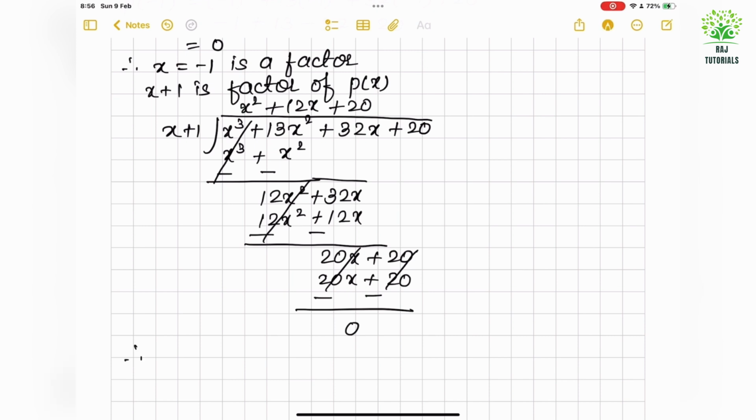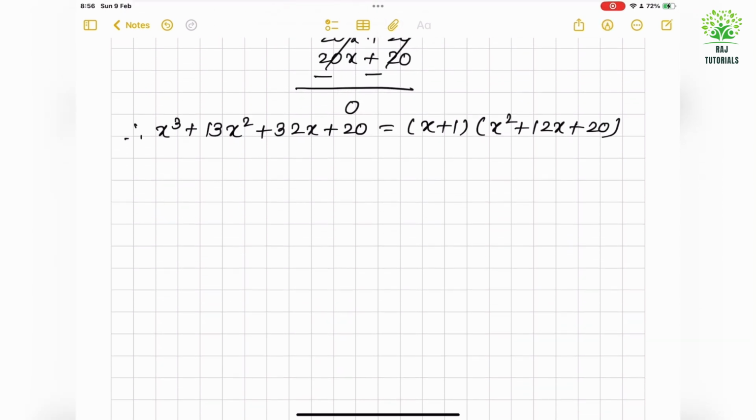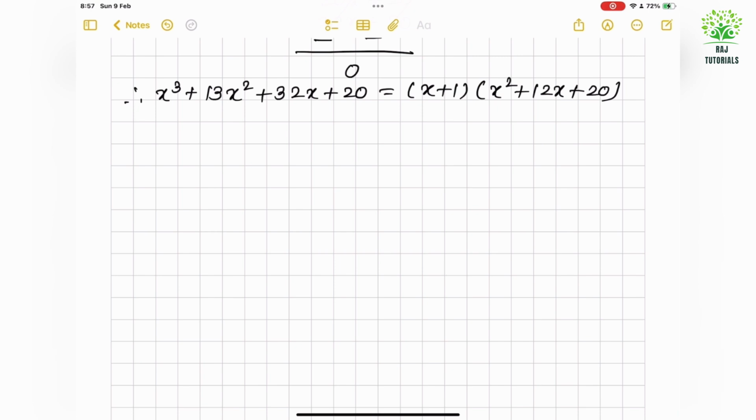So therefore I can say x cube plus 13x square plus 32x plus 20 will be equal to x plus 1 into x square plus 12x plus 20. Now, see, still we have x square there, so I can use the middle term splitting method.